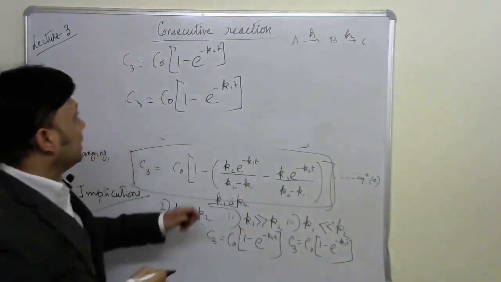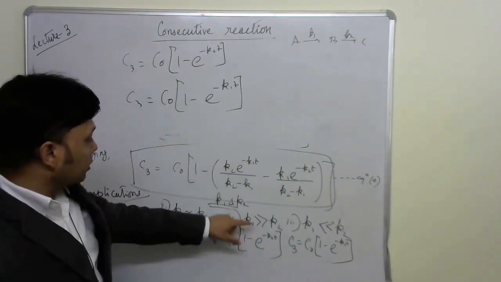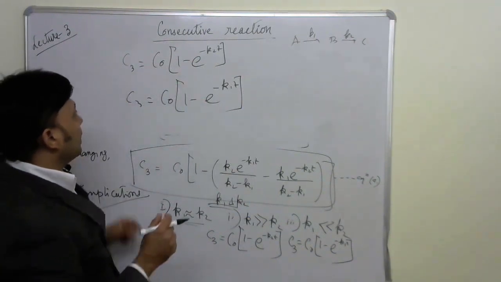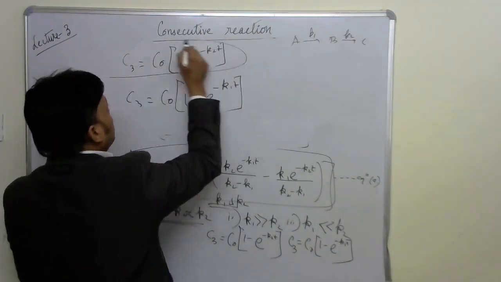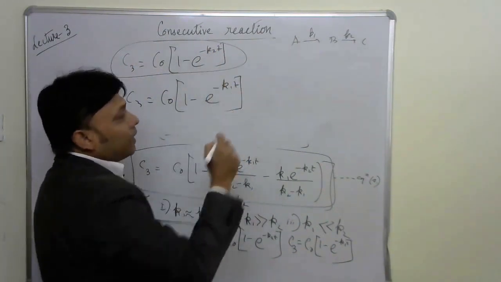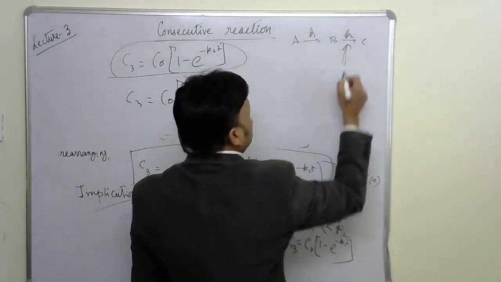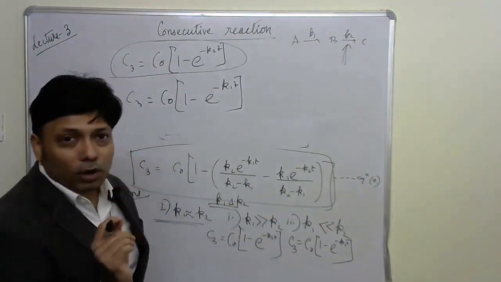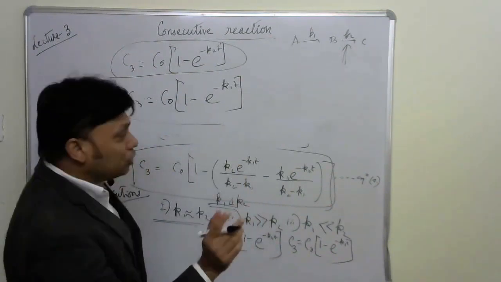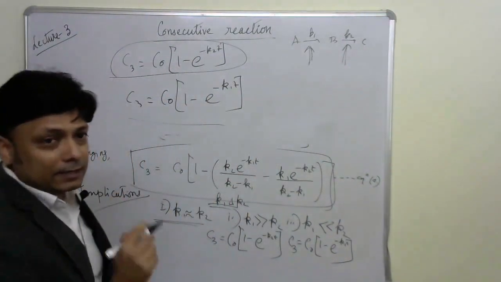We got the first equation on the condition that K2 is negligibly small. When K2 is negligibly small, the entire reaction becomes simple first order type, and the rate constant is only K2. That means the entire chemical kinetics is governed by the second step, and the second step is obviously the slowest step. And here the reverse happens: when K1 is negligibly small, the entire chemical kinetics is governed only by the first step, that is K1.